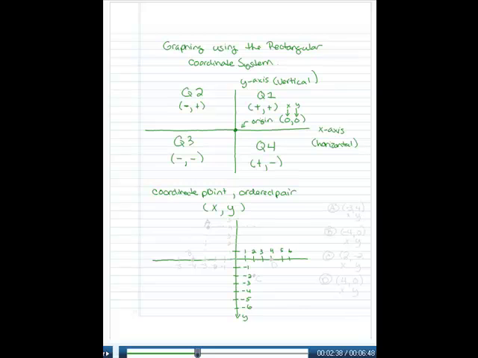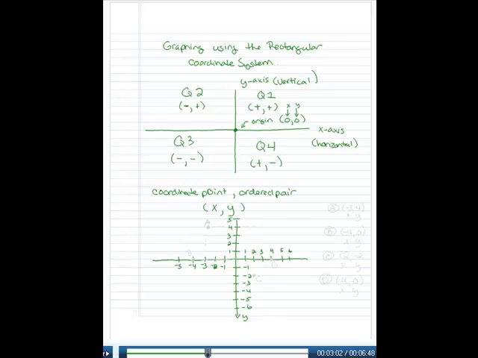Notice that all the numbers above the x-axis on the y-axis are also positive. So I have +1, +2, 3, 4, and 5. And on the x-axis, finally, to the left are all of your negative numbers. -1, -2, -3, -4, and -5.